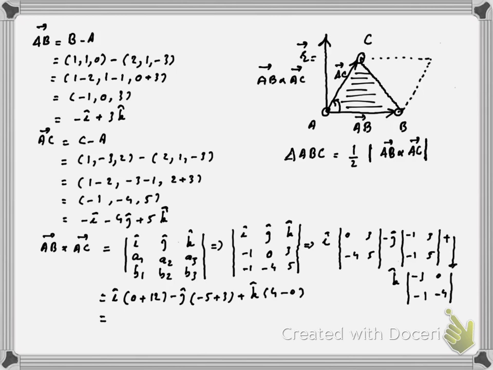It is equal to 12 i cap minus 2 into minus j cap plus 2 j cap plus 4 k cap.